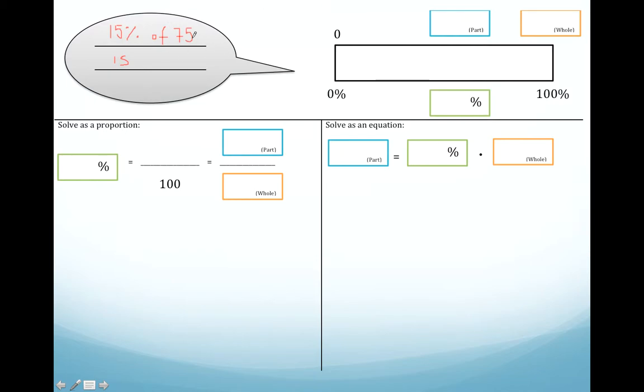Looking at this example, we can decide what is part, what is whole, what is percent. We know percent is 15. We are looking for 15% of 75. Therefore, our whole is 75, and the part is unknown. 15% is about here.